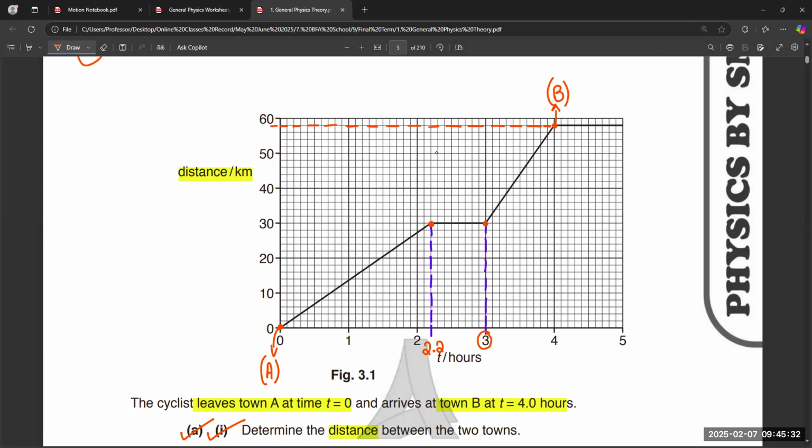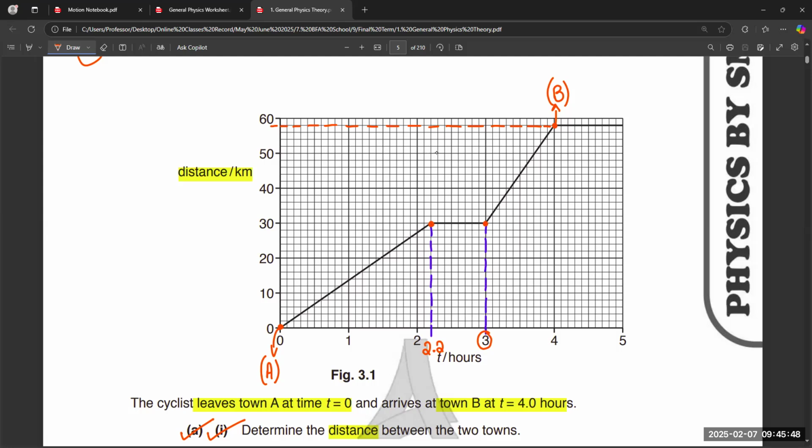Okay, basically in this graphical representation, we know that the slope of the graph shows the speed, because in a distance time graph, the slope always shows the speed.